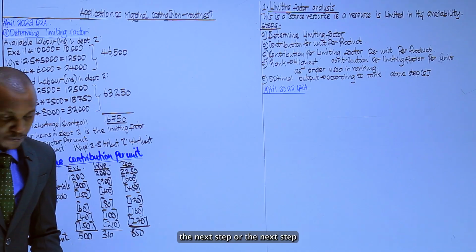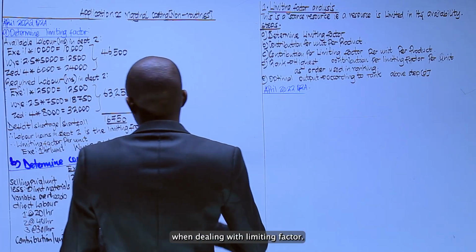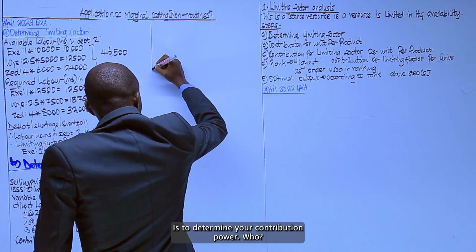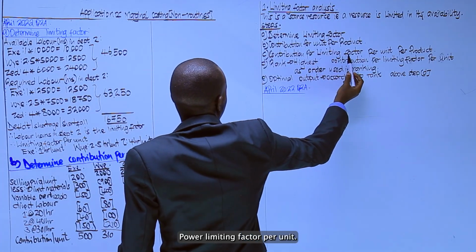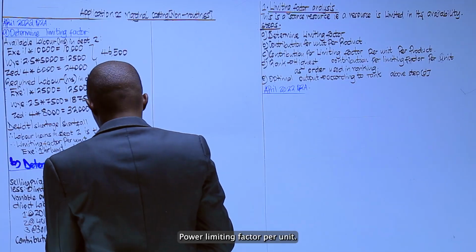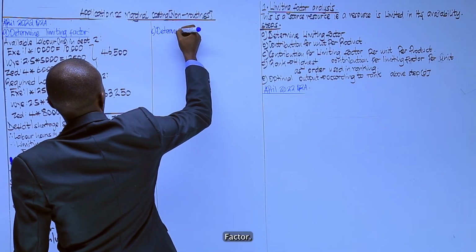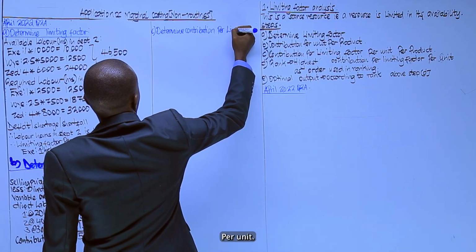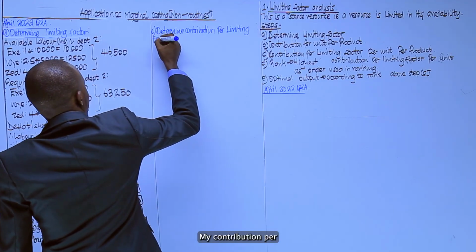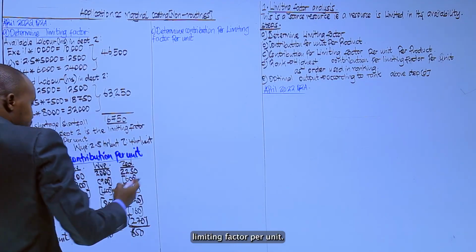The next step on dealing with limiting factor is to determine your contribution per who? Per limiting factor per unit. So let's go to step number 3. Determine contribution per limiting factor per unit.